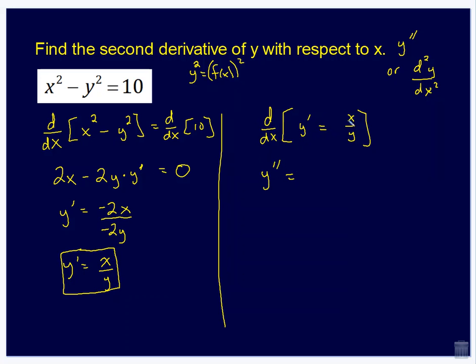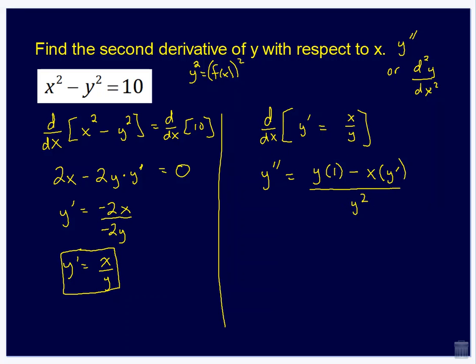But now on the right, this is a quotient. It's x divided by our function of x. So for this side, we're going to use the quotient rule and go low d high, y times the derivative of x, 1, minus high, derivative of the low, y prime, over the square of what's below, so all over y squared.